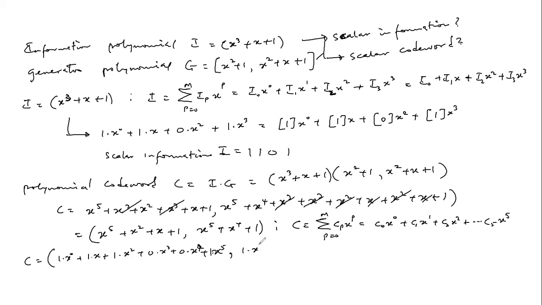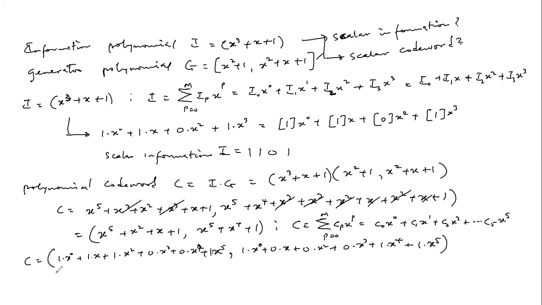1 dot x naught plus 0 dot x plus 0 dot x squared plus 0 dot x cubed plus 1 dot x to the power 4 plus 1 dot x to the power 5.